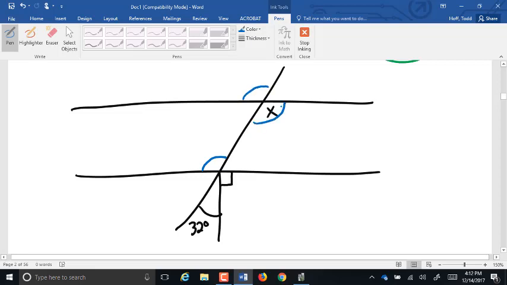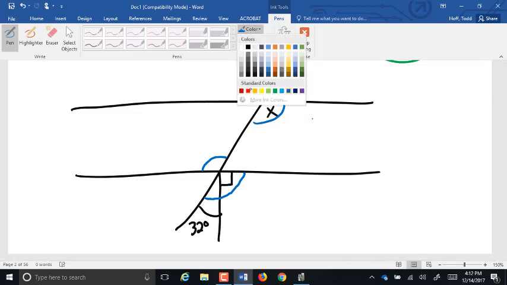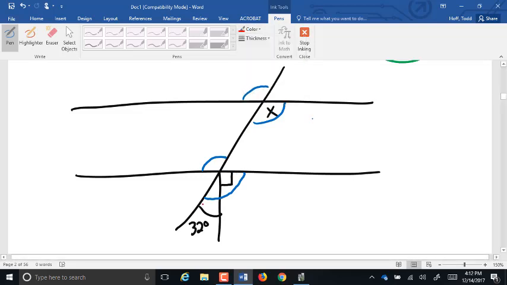Remember, when we have parallel lines cut by a transversal, the angles come in sets of 4. Well, where's the fourth angle that's equivalent to x? That's right there. The size of that angle is 32 plus 90. Perfect. That'd be 122 degrees.